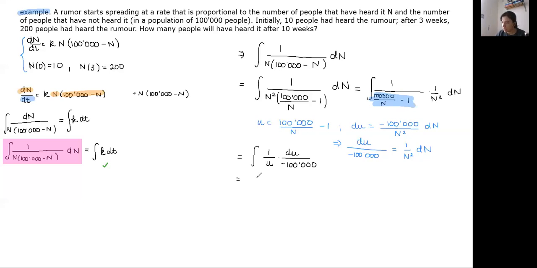If I integrate this, I'm going to get minus 1 over 100,000 times ln of the absolute value of u, which is the same as saying minus ln of, and then I can back substitute, 100,000 over n minus 1, divided by 100,000.